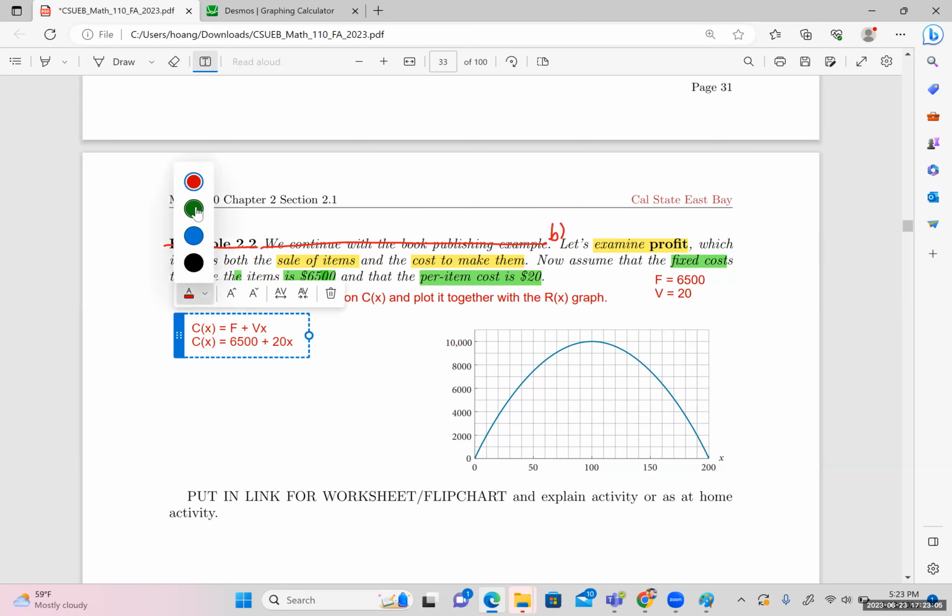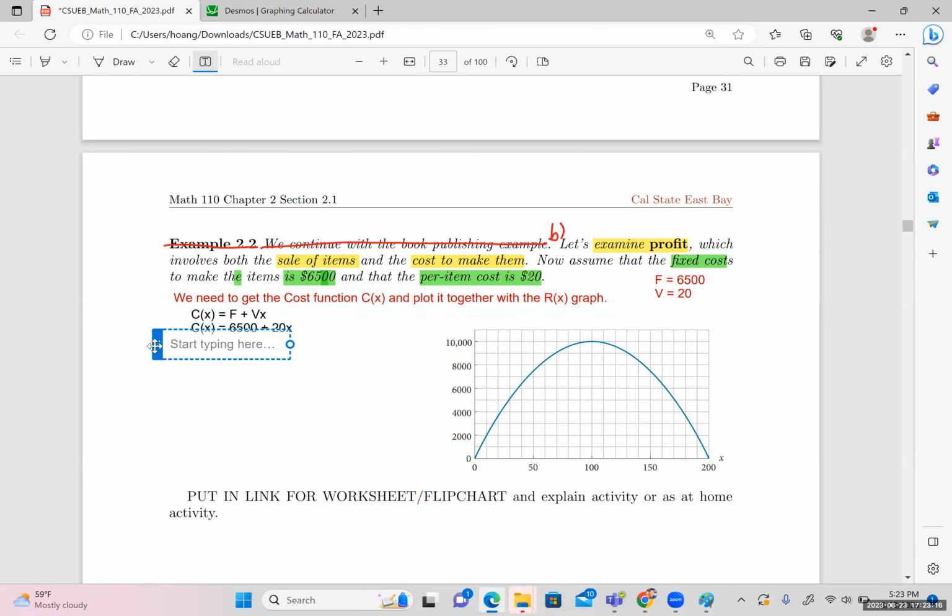Okay, so I'm going to make this one black. Now I'm going to graph C(x).